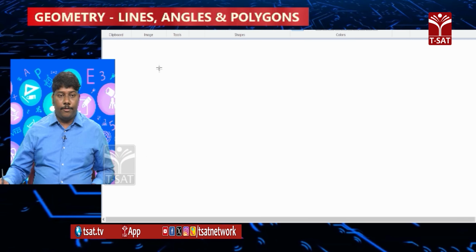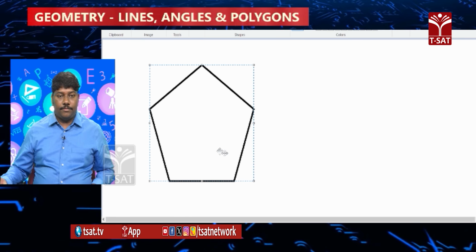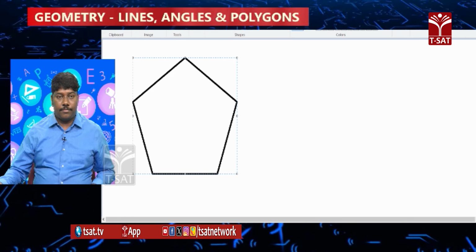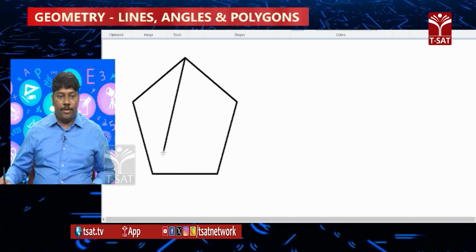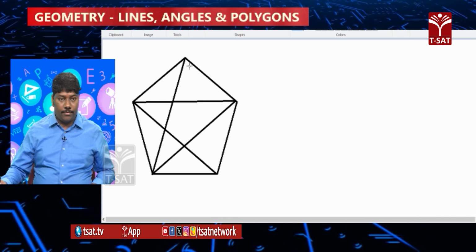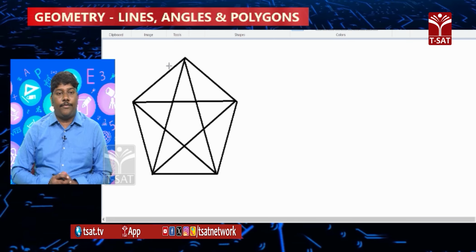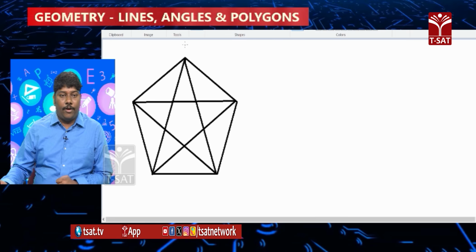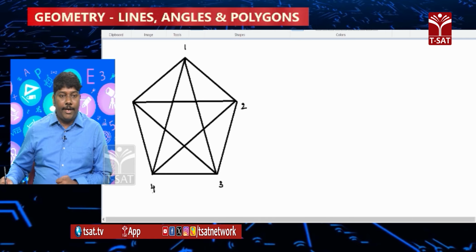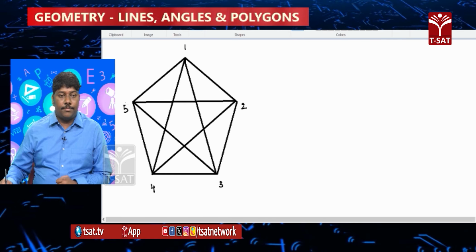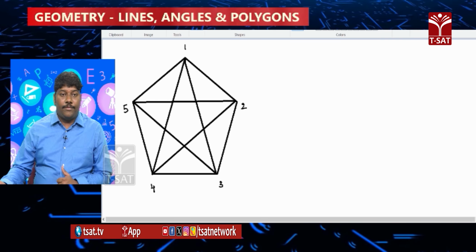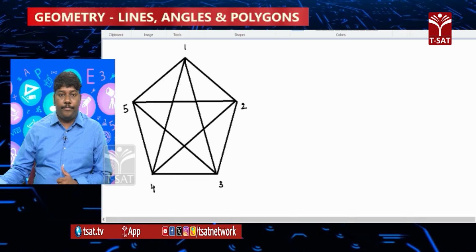Now if I wish to find the number of triangles formed in this particular figure, I am asking you the number of triangles in a pentagon which are formed by using the vertices of the pentagon.